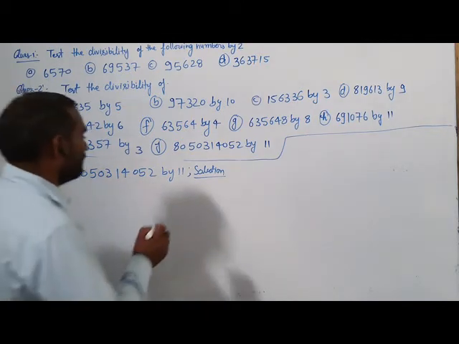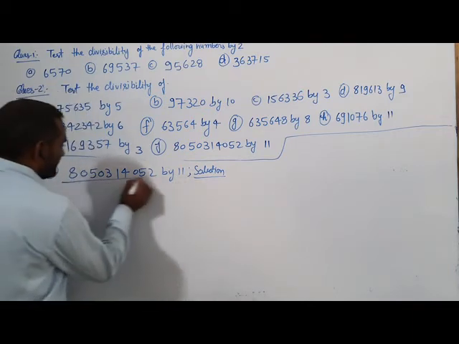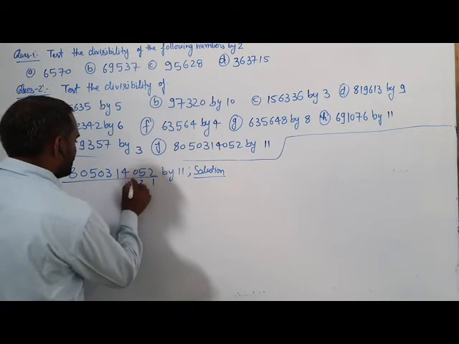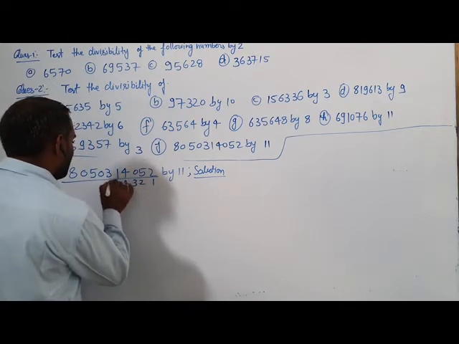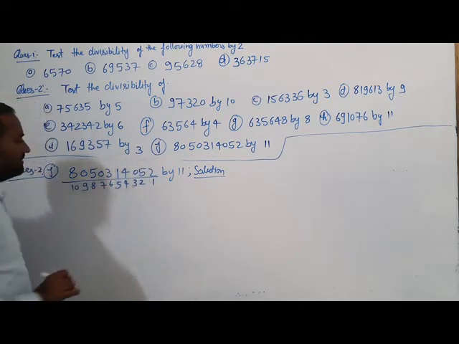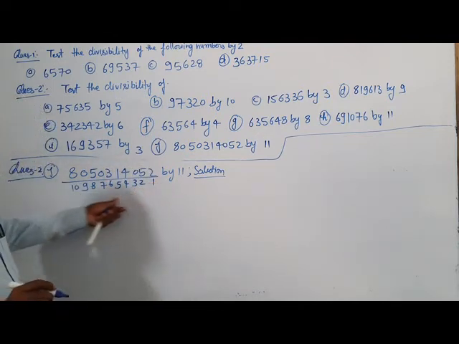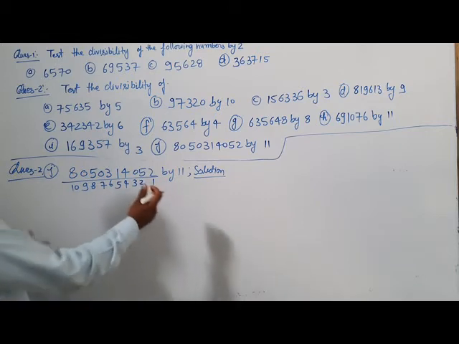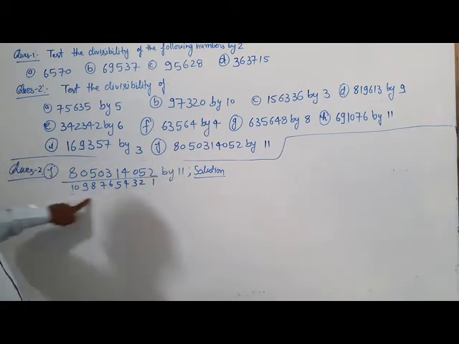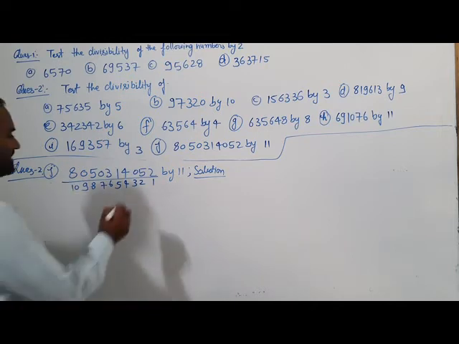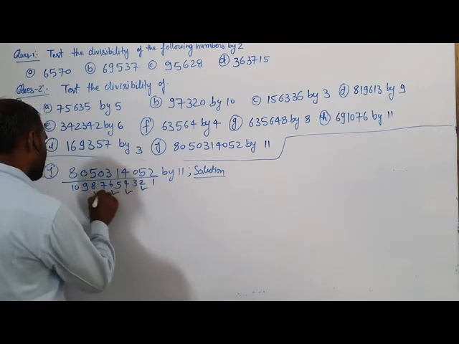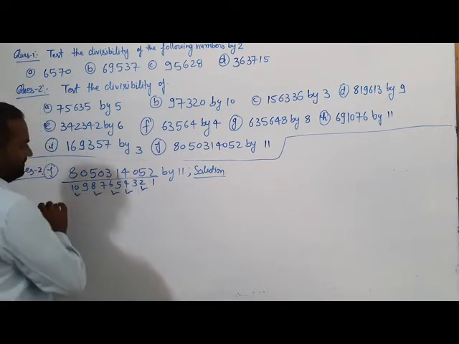So check: 1 2 3 4 5 6 7 8 9 10. We start numbering from the left-hand side. So the even places are 2, 4, 6, 8 and 10.